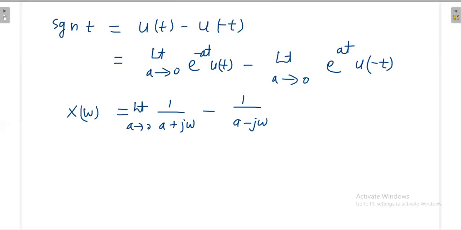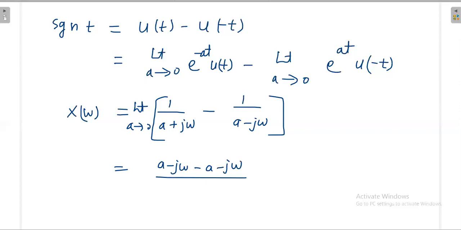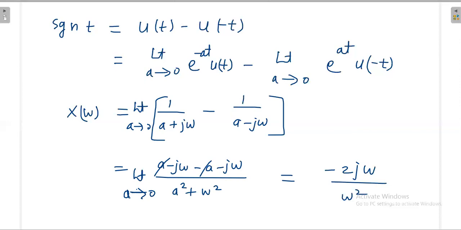Then this is a minus j omega minus a plus j omega, over a plus b into a minus b, that is a square plus omega square. With a tending to 0, the a cancels, leaving minus 2j omega over omega square, so minus 2j divided by omega.